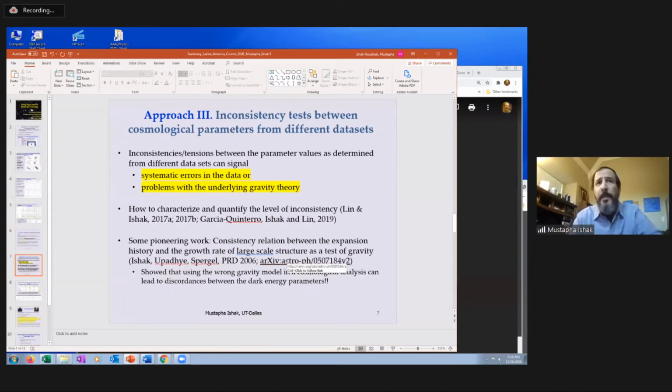And finally, approach number 3. These inconsistencies and tensions, are they a sign of systematic errors that we go after, or are they a sign of some problems with the underlying theory? So this is to be pursued. And there were a lot of developments about quantities that can pin down and try to dissect these tensions.